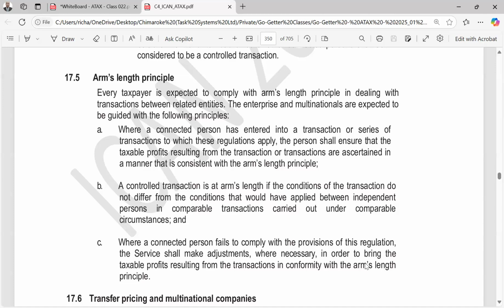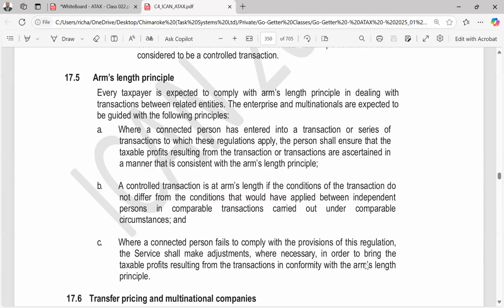Where a connected person has entered into a transaction or series of transactions to which these regulations apply, the person shall ensure that the taxable profit resulting from the transaction or transactions is ascertained in a manner that is consistent with the arm's length principle.